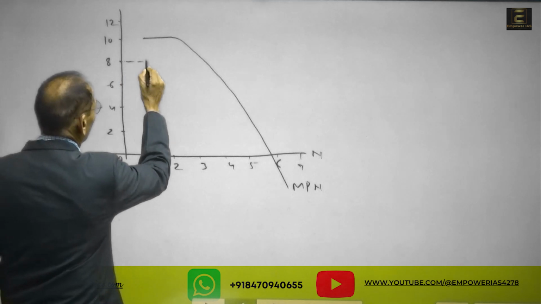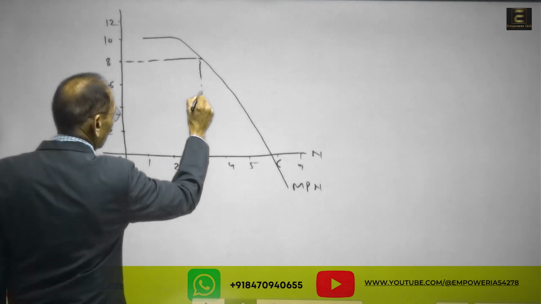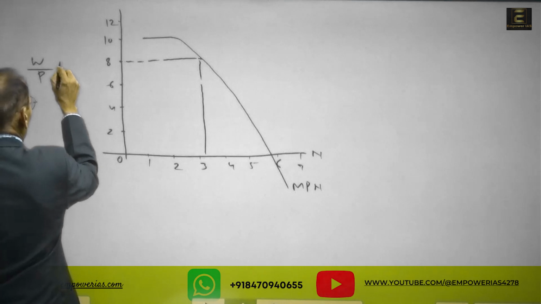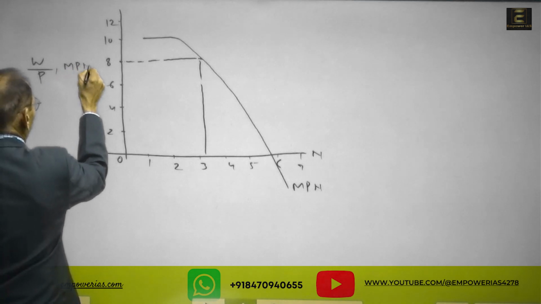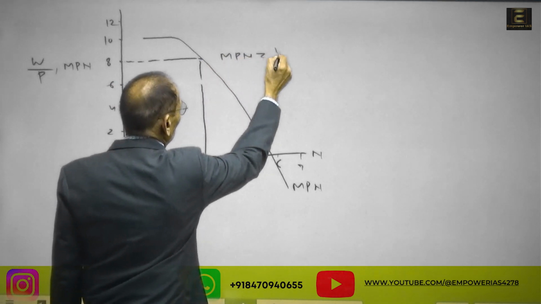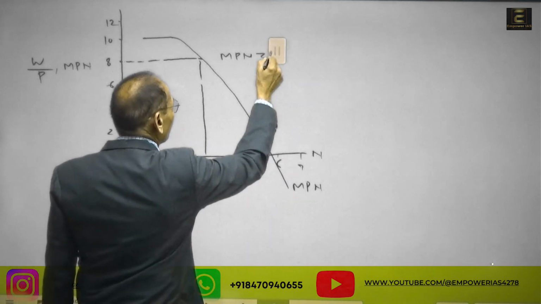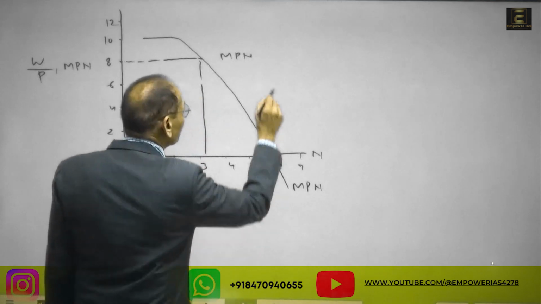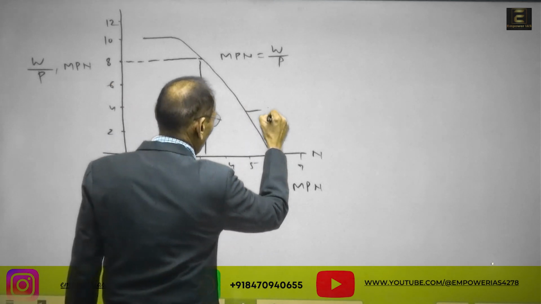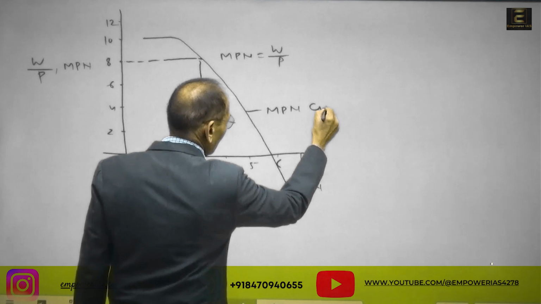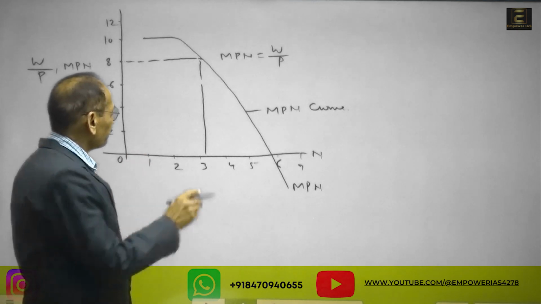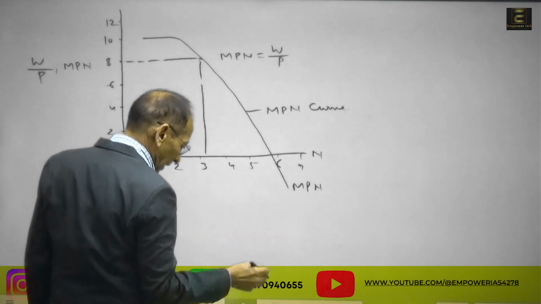At point 8, this is W by P and MPN, 8, and this one is the condition MPN equal to W by P. This is the MPN curve.